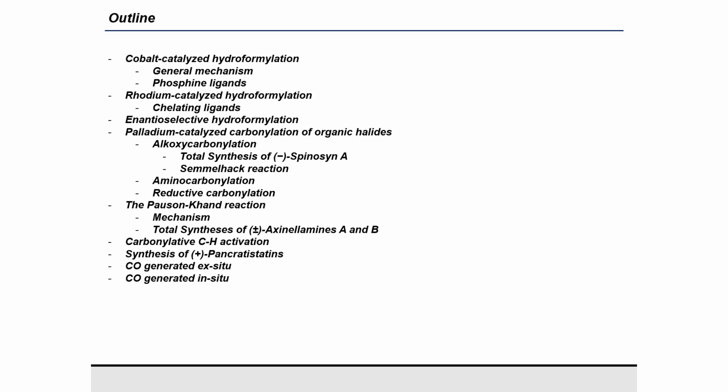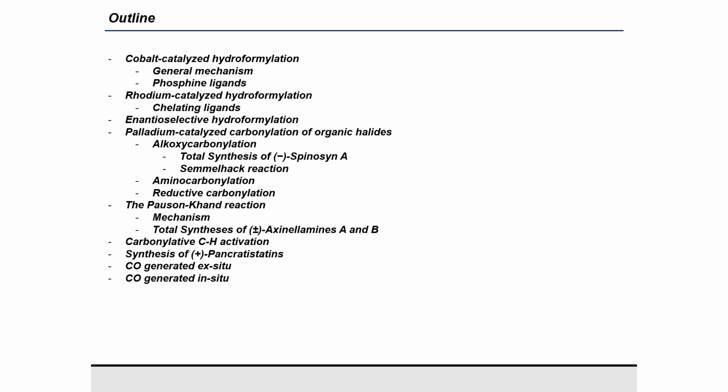So here's a brief outline of the topics we'll cover today. First, we're going to begin by talking about the famous hydroformylation reaction, both the cobalt and rhodium-catalyzed hydroformylation. Then we're going to very briefly talk about the enantioselective versions of this reaction, to then talk about the palladium-catalyzed carbonylation of organic halides, also some synthetic applications of these reactions.